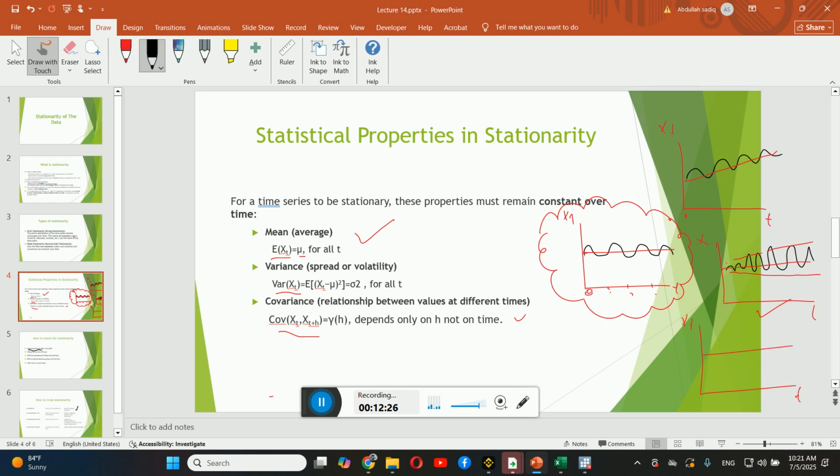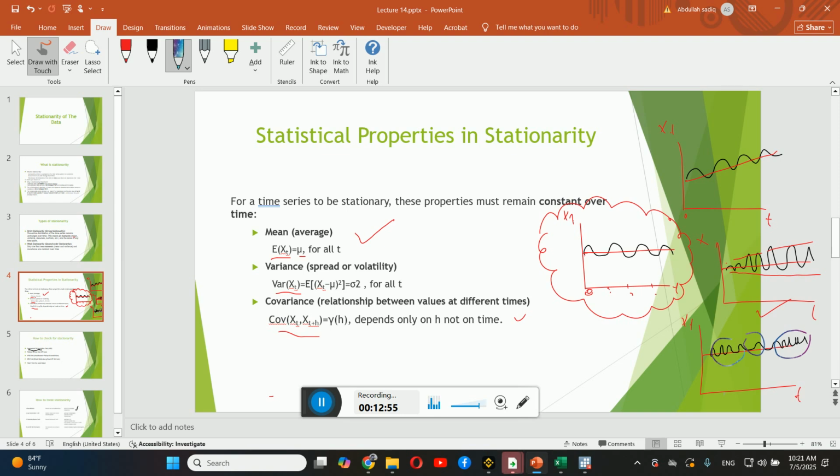It means the variance is also the same, but look, dear students, the covariance here is different, and here it is moderate. The value of the covariance here and here is different across different points in time.